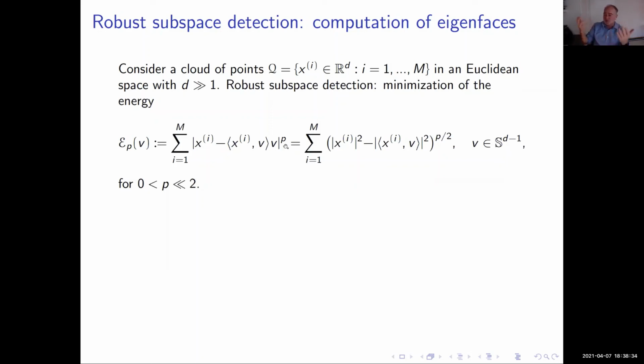And with p equal to 2, this is the classical linear regression that is solved by singular value decomposition of the matrix that is built with the points of the cloud.